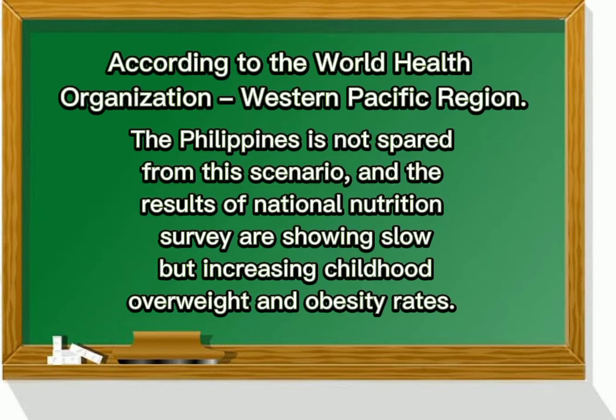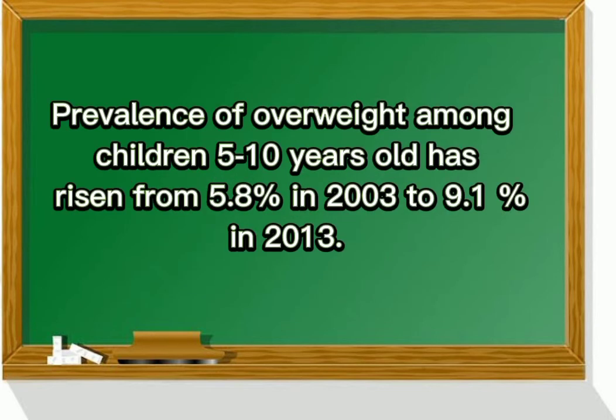According to the World Health Organization, Western Pacific region, the Philippines is not spared from this scenario, and the results of the National Nutrition Survey are showing slow but increasing childhood overweight and obesity rates.